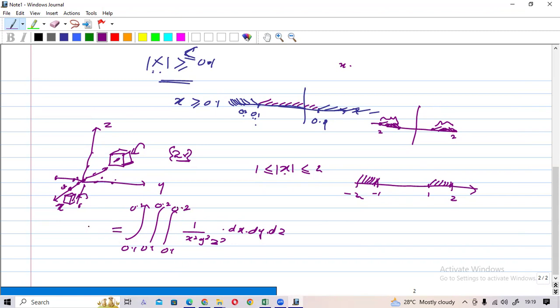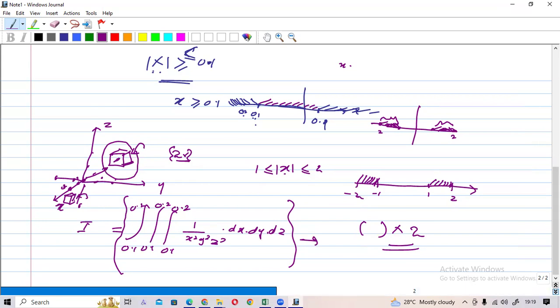So to find the total charge, you have to evaluate this integration. Then if you multiply it by 2, that means you have found only this Q in volume charge, but you need to find here also. This one and this one will be the same, so you have to multiply it by 2.